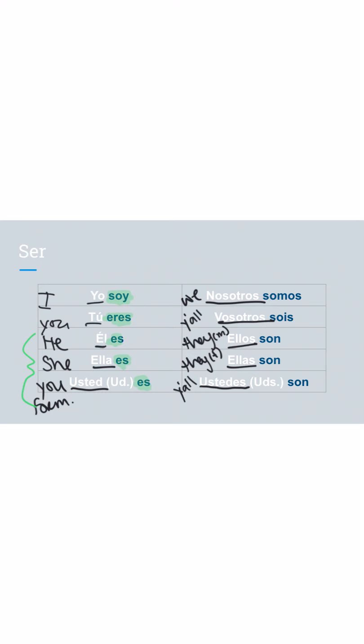All right, moving on. We have nosotros somos, or we are, vosotros sois, y'all are, in Spain only, and then ellos, ellas, y ustedes son. Again, the third person plural, guys, have the exact same conjugation as well.